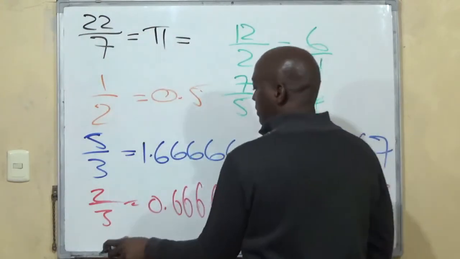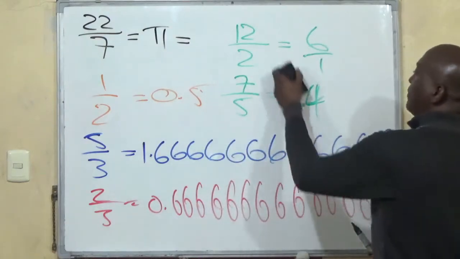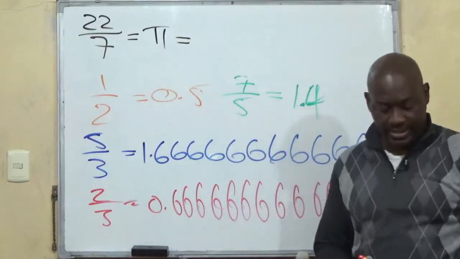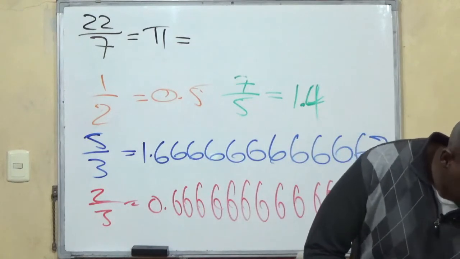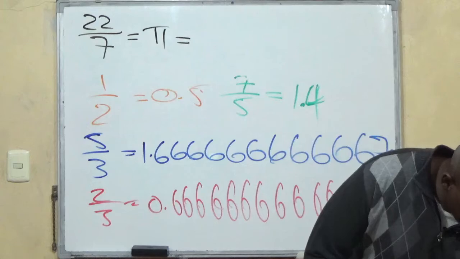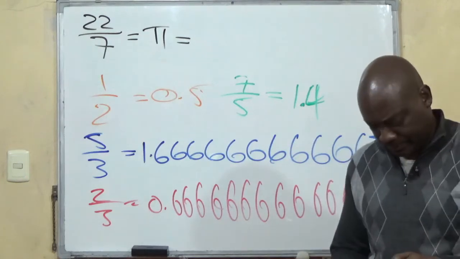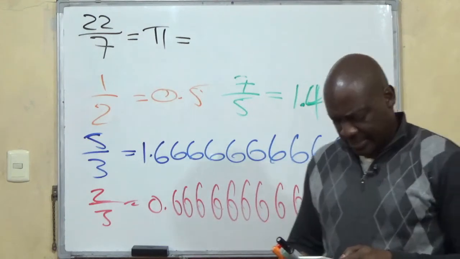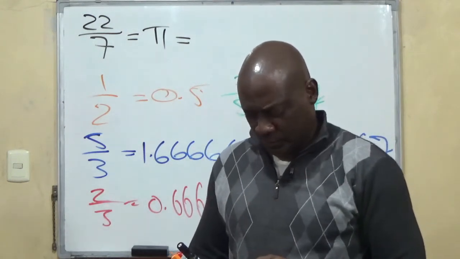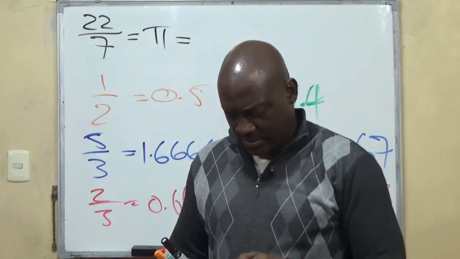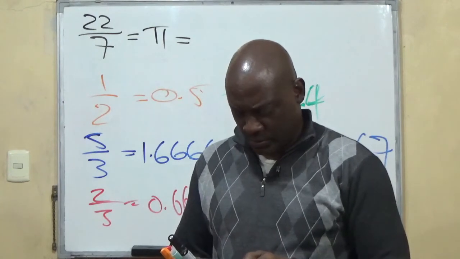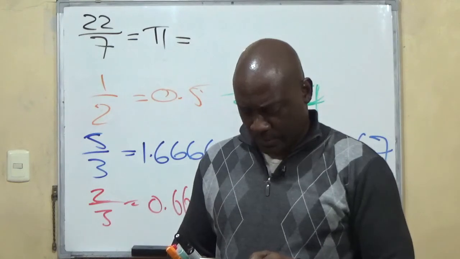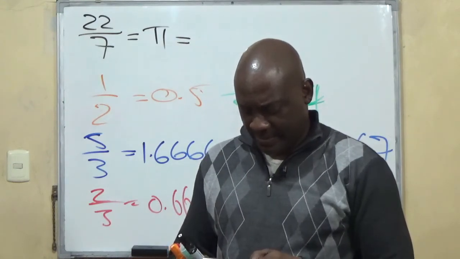As a decimal, that is equal to, let me see what we have here, boy. Pi and my calculator. Pi, where are you? It never takes long to find my pi button, you know.